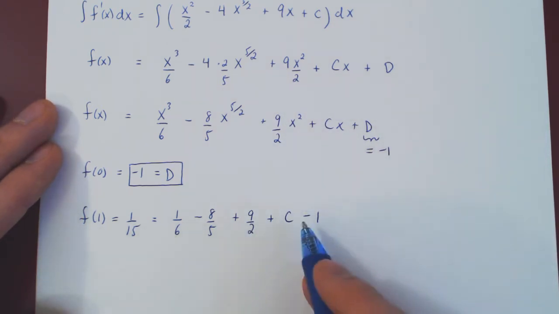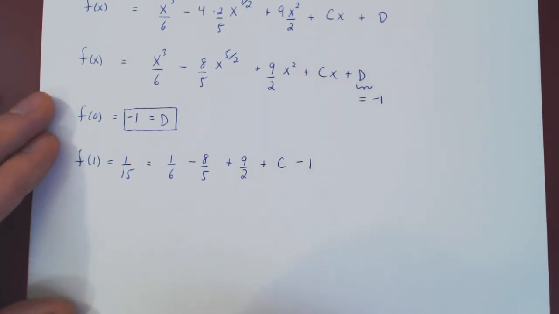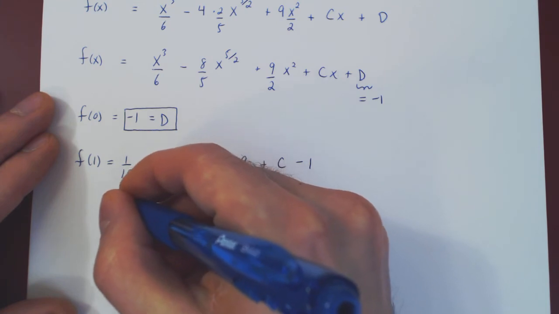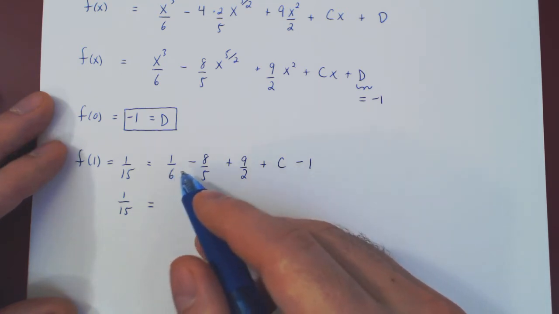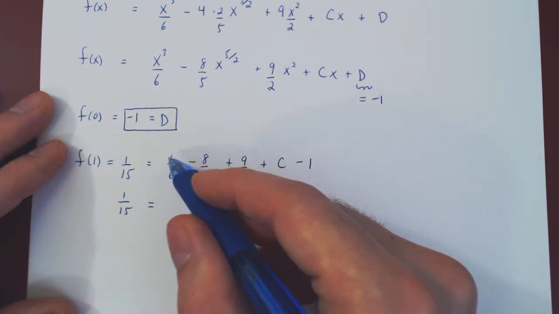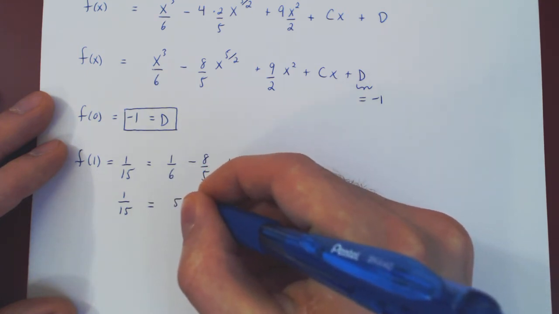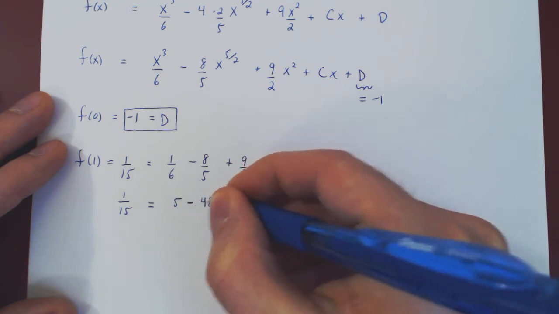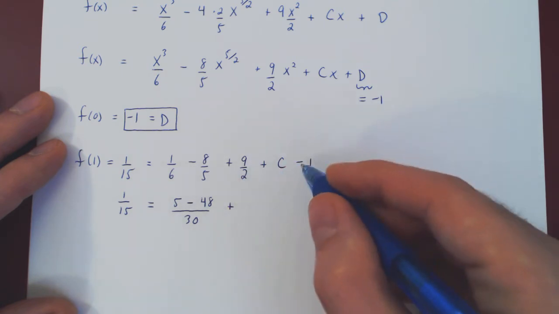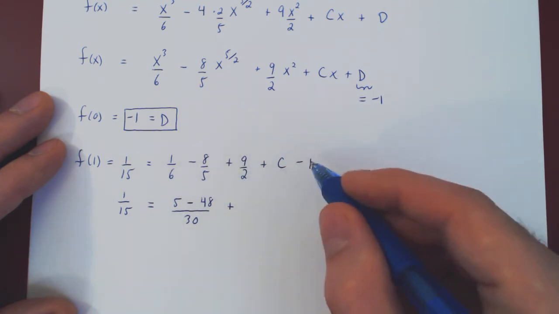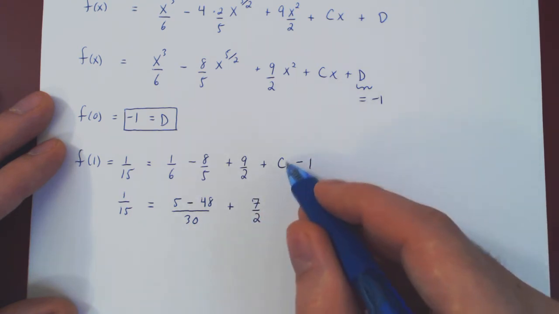Now we'll simplify this, and we'll have the value for c. So 1 over 15 equals, and we'll do two things. Over a common denominator, this gives us 5 minus 48 over 30, plus, well, 1 is 2 over 2, and so 9 minus 2 is 7 over 2, so plus 7 over 2, and of course plus c.